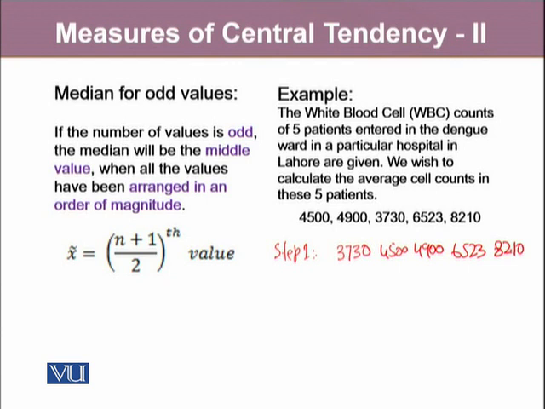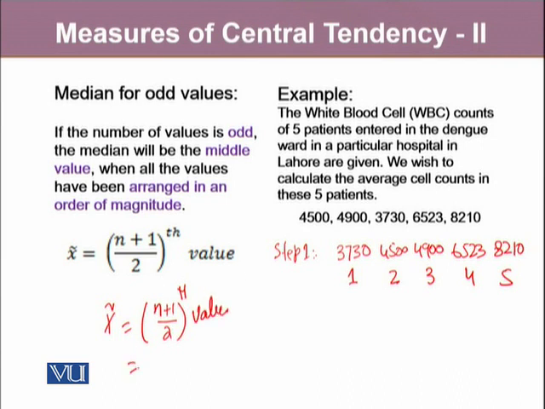In step 2, we will assign an index to these values. And hence we calculate the (n plus 1) by 2th value, which is going to be the median.